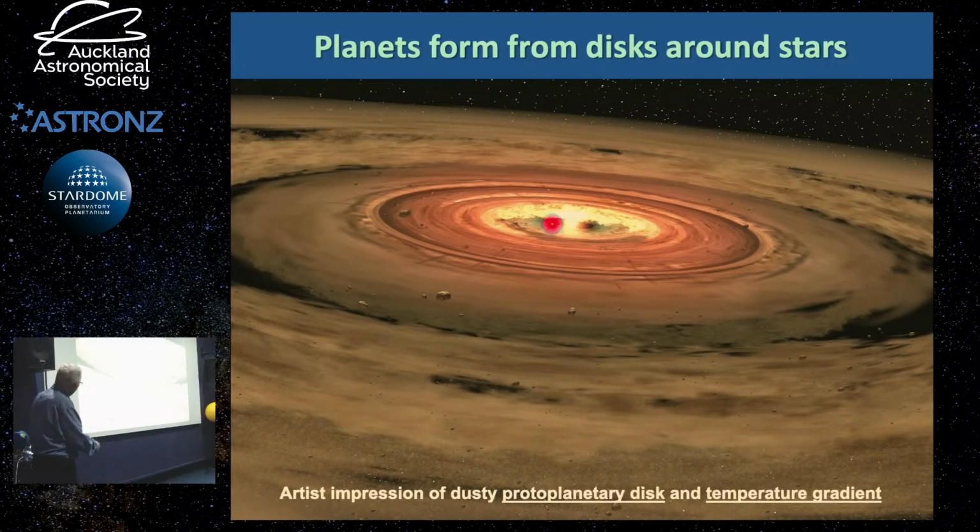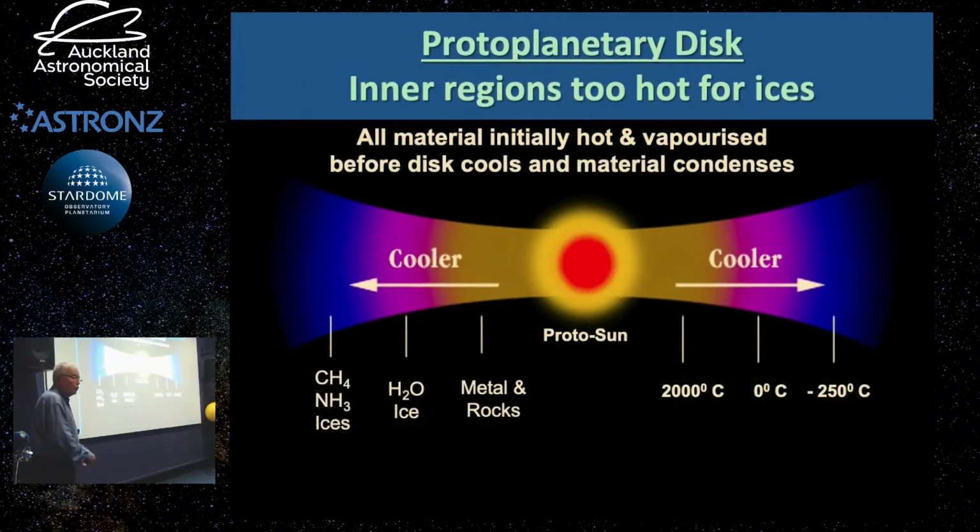It's going to be hotter the further you get in towards the sun, and cooler as you get out, because that's your heat source. The bottom line is the whole lot gets so hot that all the material vaporizes into gas form. And then as the whole thing cools down, you start getting materials condensing into their solid state.